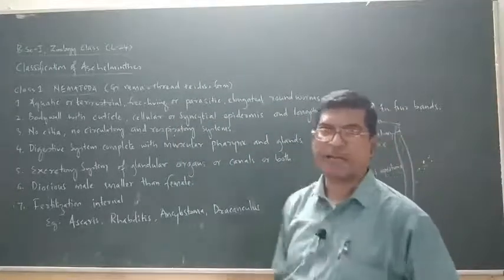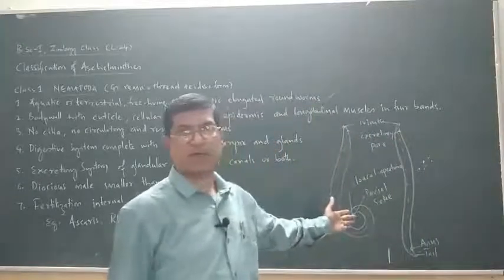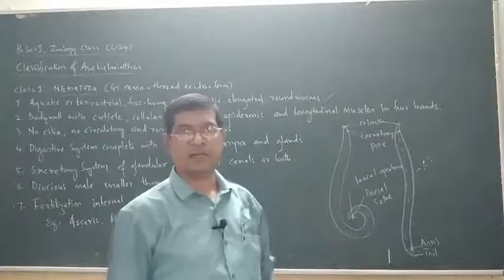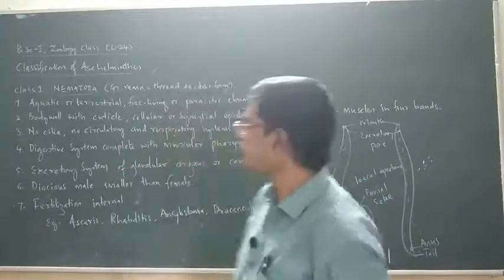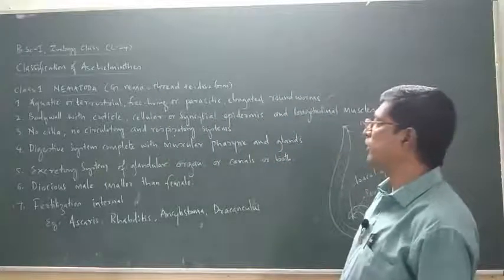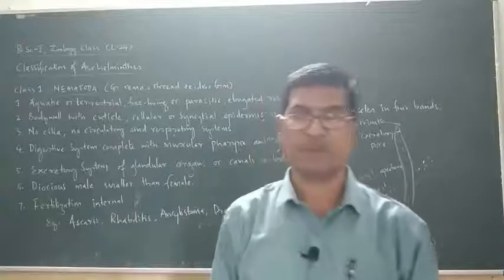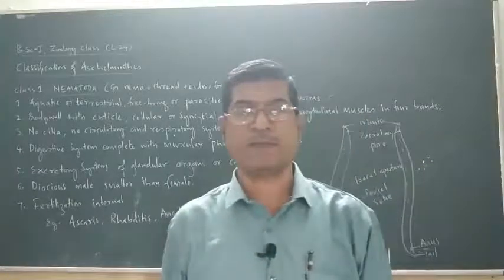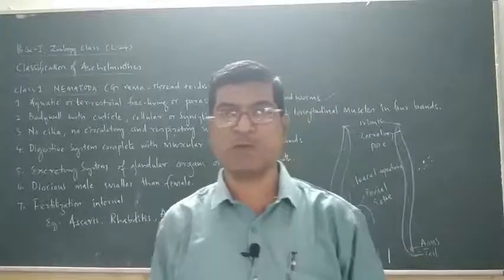They are elongated round worms. See, Ascaris lumbricoides, elongated. Body wall with cuticle. A thick layer is present above the surface of the body wall.